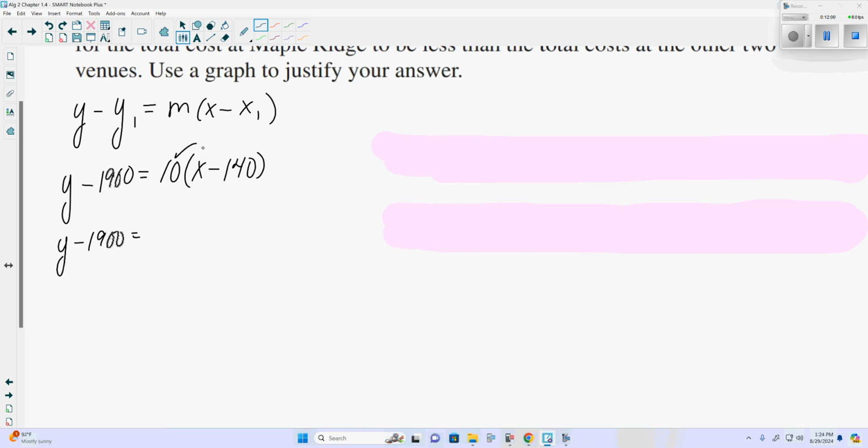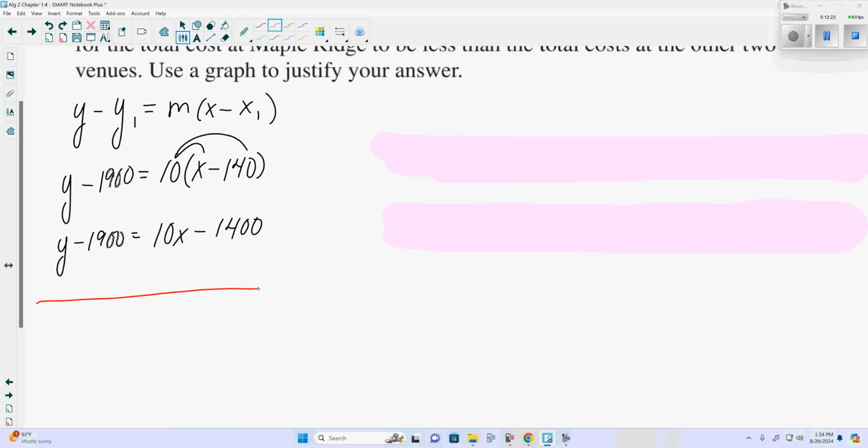Now the first thing we would need to do is distribute the 10. 10 times X is 10X. 10 times negative 140 is negative 1,400. What would we do next? We need to get Y by itself, yes?